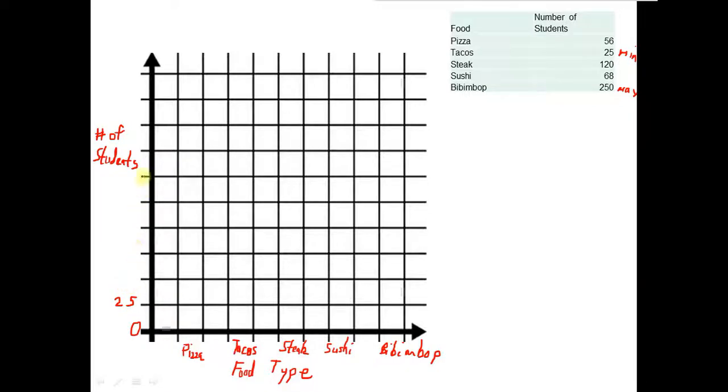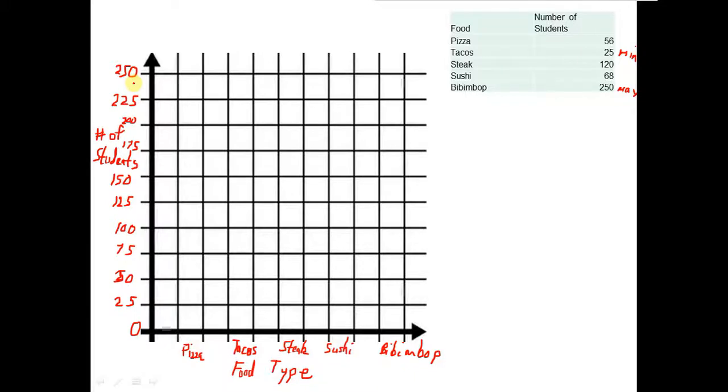And then you want to take up all of this, or most of the grid paper, so it's easy to see. If we go up by 25 each line, that would get us taking up pretty much the entire grid here. Have to squeeze this in here, 175, 200, 225, and perfectly we come to 250 at the top.